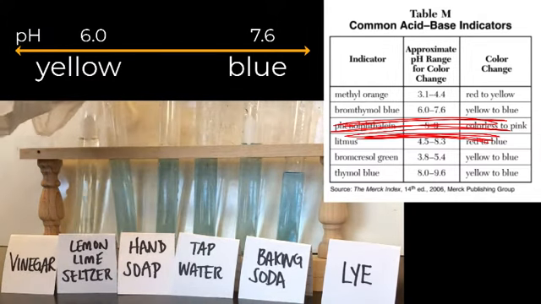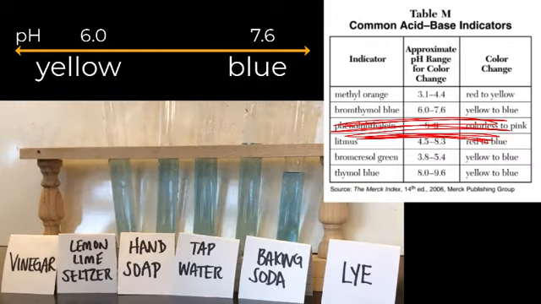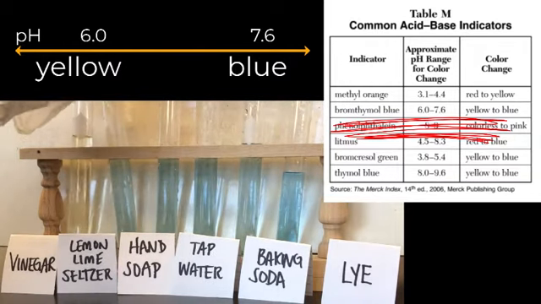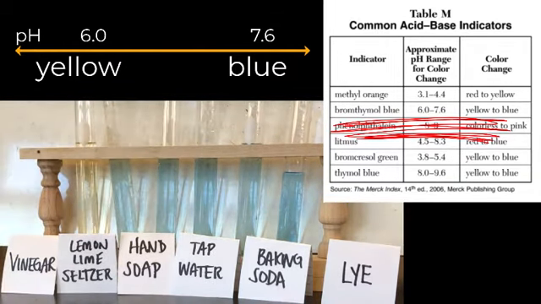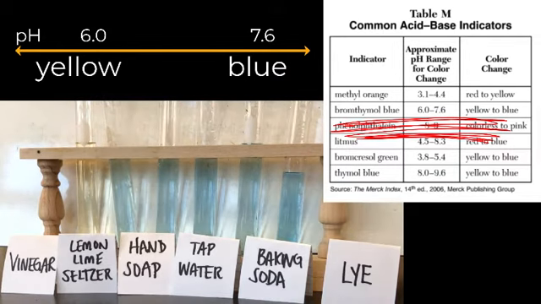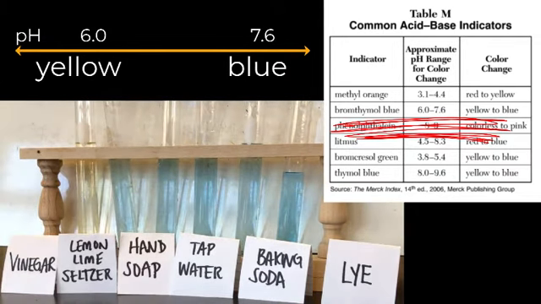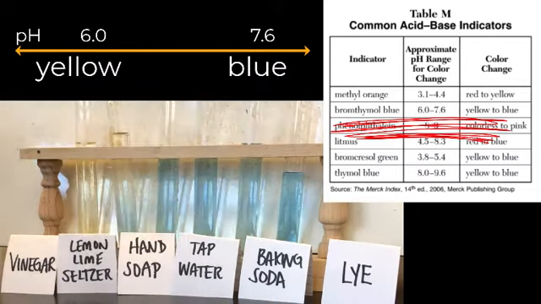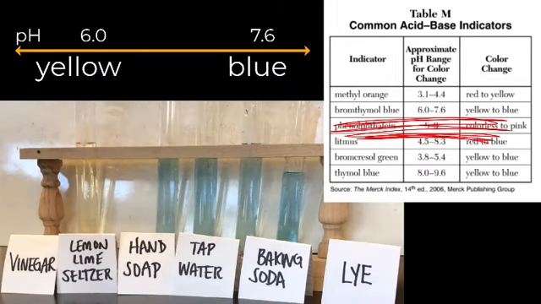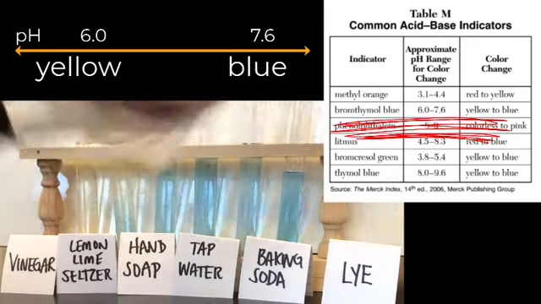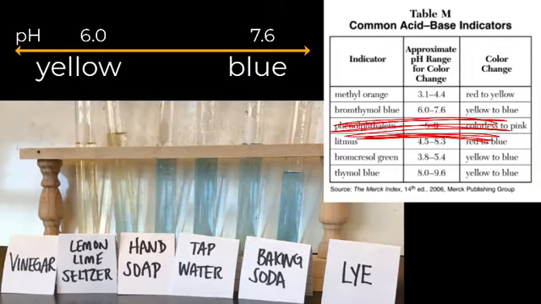Seems to have definitely lightened, and I am seeing a bit of a yellow tint to that light color. Lemon lime seltzer. A pale yellow, similar to vinegar. Hand soap.